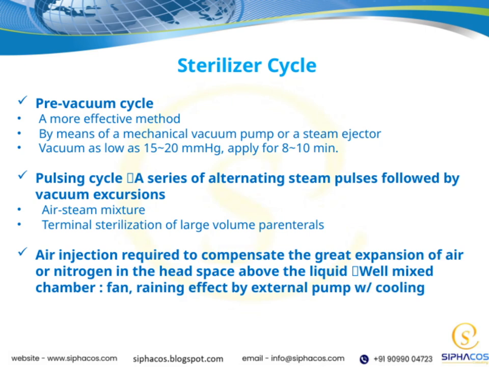To manage this, we use a well-mixed chamber equipped with a fan or a rain effect created by an external pump with cooling. This setup ensures that the chamber contents are evenly mixed, preventing localized hot spots and ensuring uniform sterilization throughout. Overall, these cycles are crucial components of sterilizer operation, ensuring we effectively eliminate microorganisms while maintaining the integrity of the products.